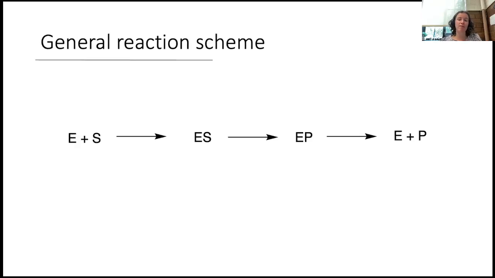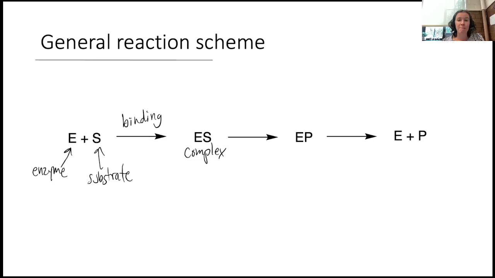And to wrap this part up, folks, let's try to visualize this general reaction scheme for an enzyme. So in the very beginning, we have our enzyme and our substrate. First step is the enzyme binds to its substrate, giving us the enzyme substrate complex.